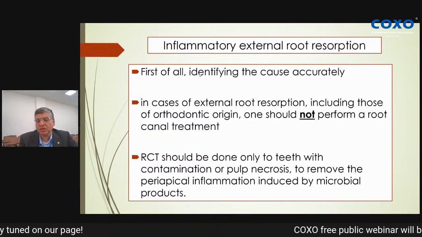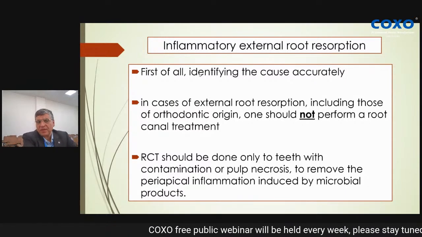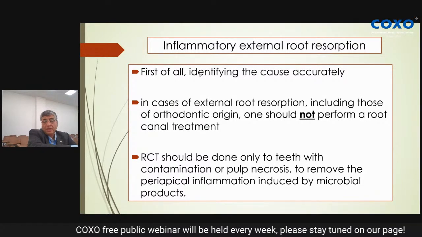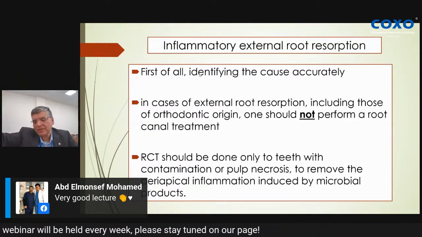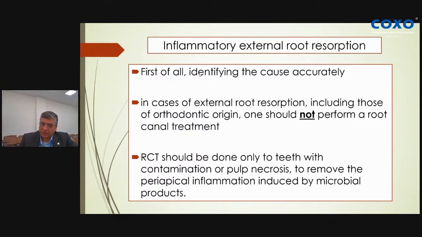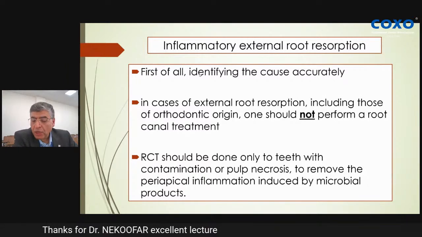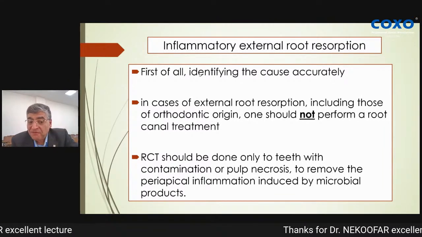When we need to do root canal treatment is when we have necrosis. Because when we have necrosis, if you remember the first slide that I showed, it gives us this information that we now have apoptosis and necrosis, which is not good to be left untouched. So as soon as you have necrosis, you know that you may have infection.